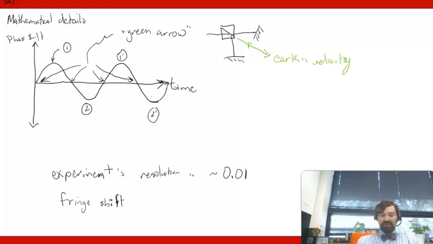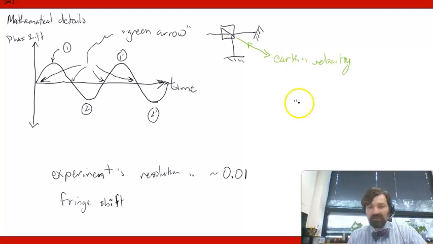You could also do the calculation for Earth and Sun's motion about the galaxy, and I think that a later experiment called the Kennedy-Thorndike experiment did attempt to also consider the Earth's motion about the galaxy.